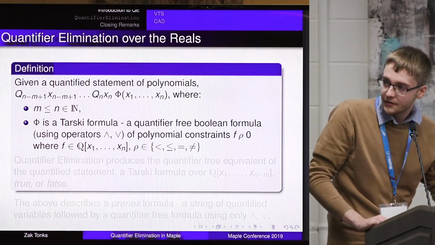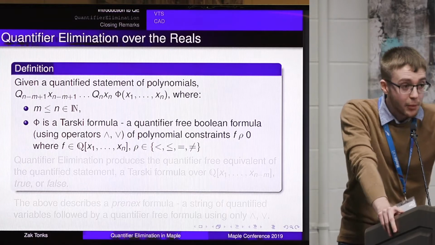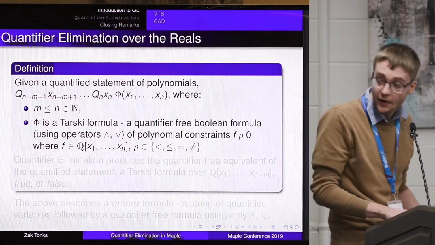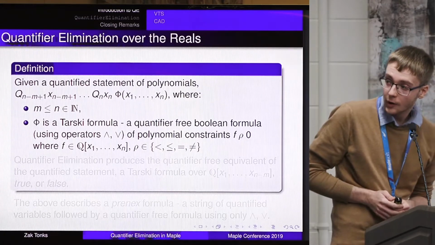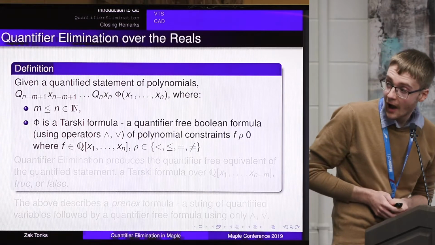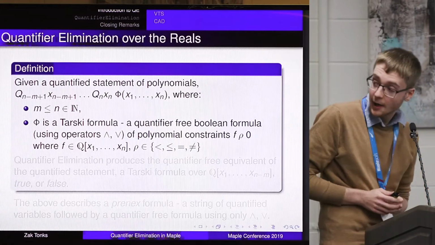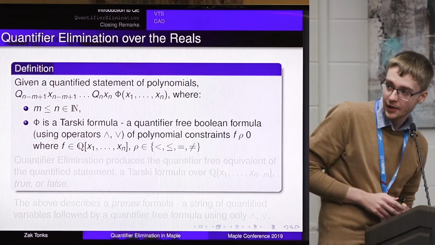And then phi is a Tarski formula, a Boolean combination of polynomial constraints, which is quantifier free. You've got all your quantifiers in the front. I'm only allowing and and or, and those relations, less than and less than or equals to, and so on. That's just because Maple uses those, without loss of generality, really.